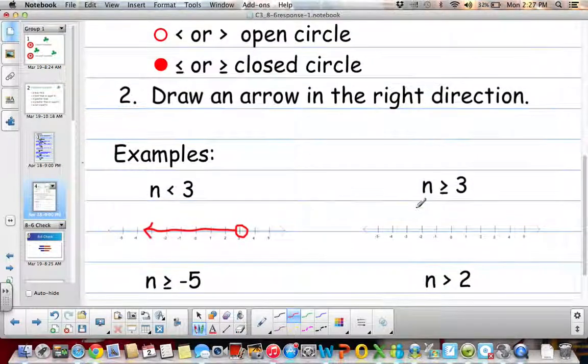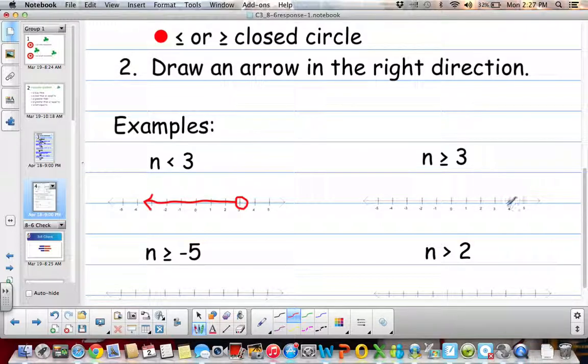Okay, n is greater than or equal to 3. Again, I go to 3, and I put my dot. Because it's greater than or equal to, this time we're going to do a closed circle. That tells me that 3 is included in my line, whereas on the last one, 3 isn't included. 3 would not make that sentence true because 3 is not less than 3.